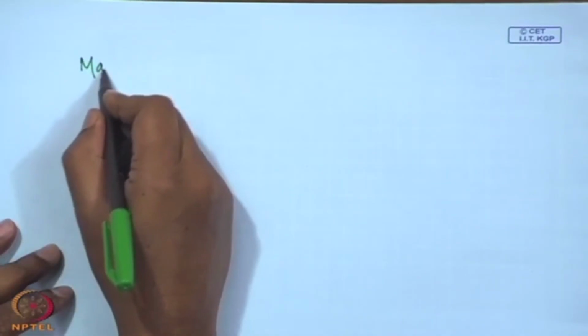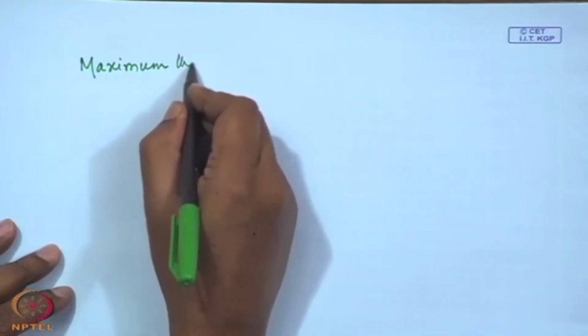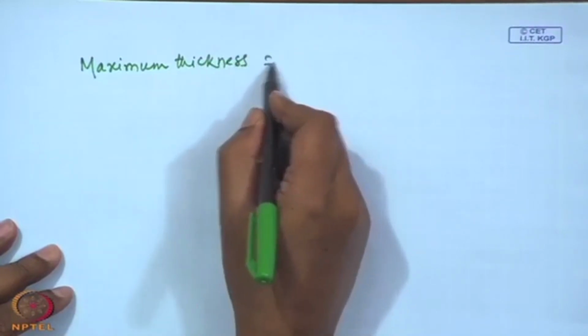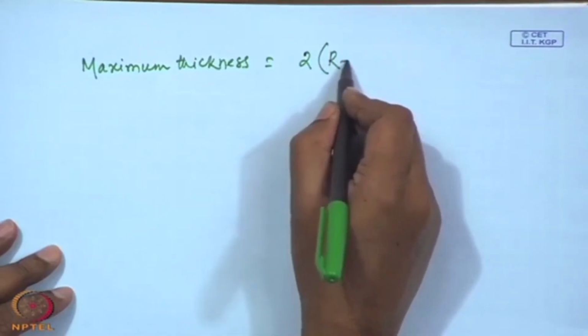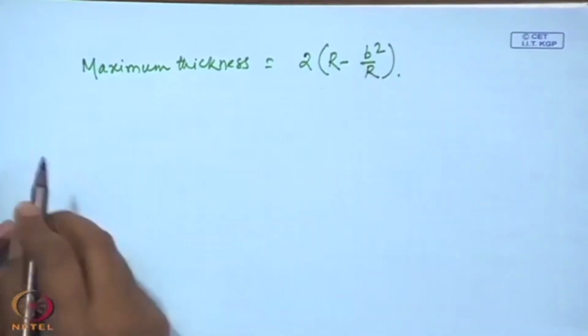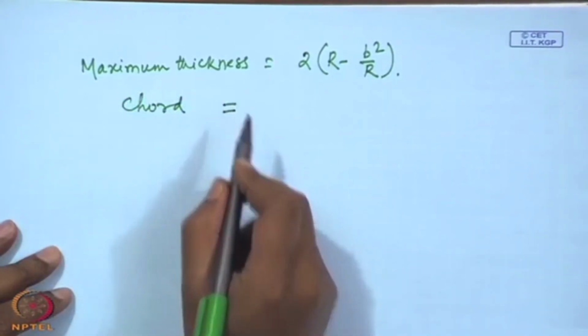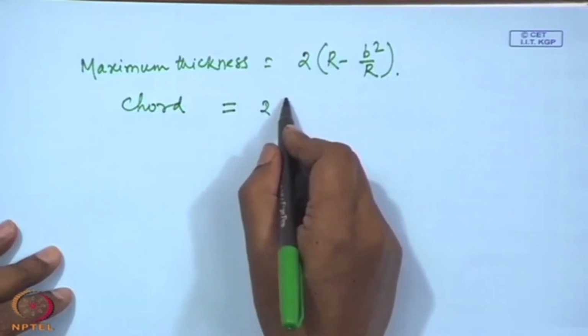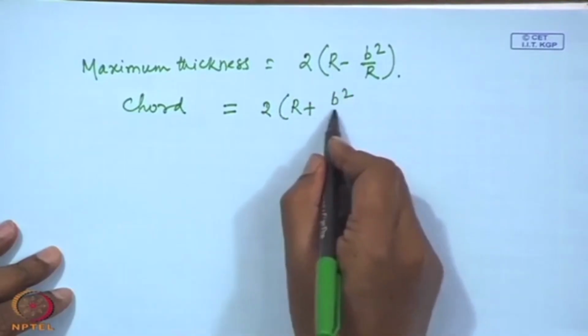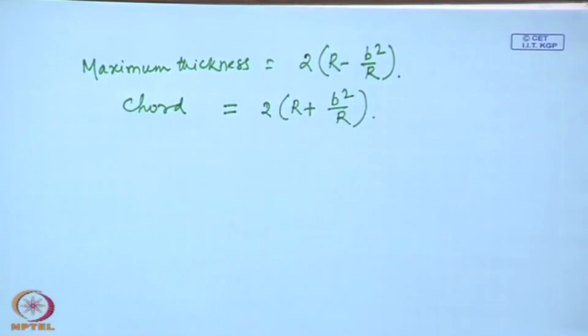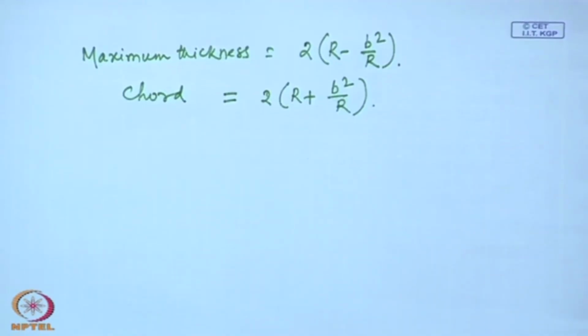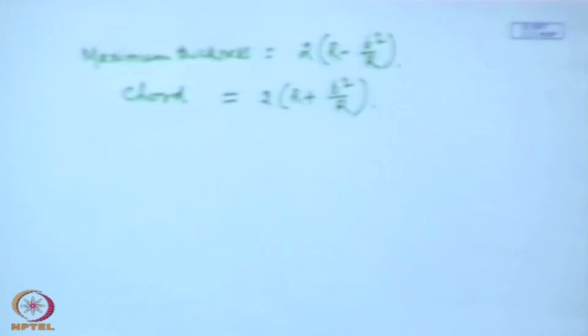So, the thickness or the maximum thickness of the transformed geometry, and in analogy with the thickness to chord ratio for an airfoil, here also you can have a thickness to chord ratio, which is also called a fineness ratio.